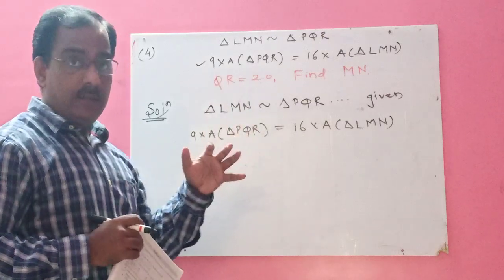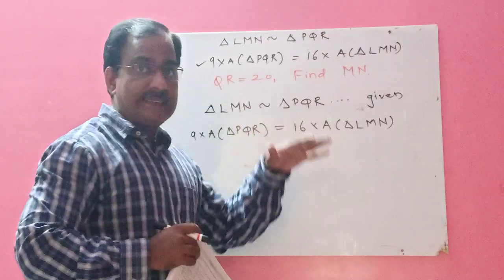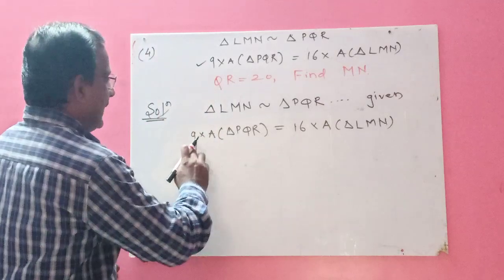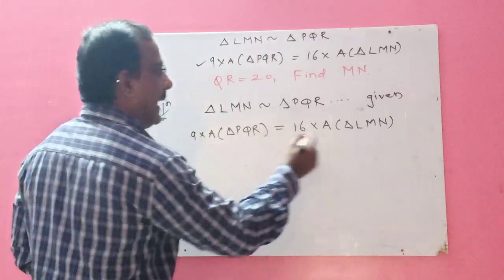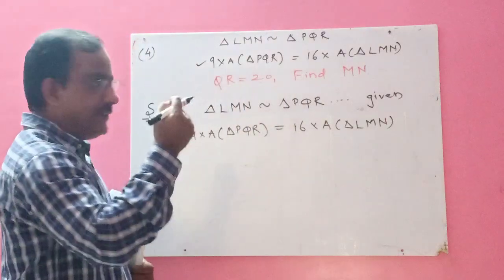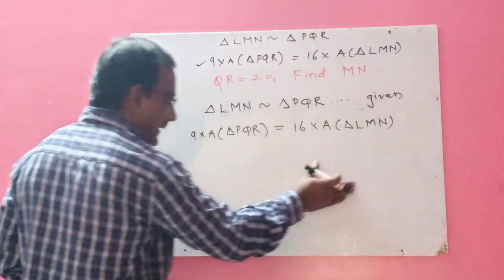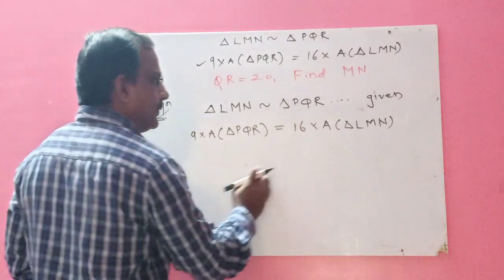So we need here corresponding sides in ratio, number 1. How you will get that one? See, 9 times area of triangle PQR. I'm just doing the arrangement here. I am taking this area of triangle LMN this side and 9 to this side.